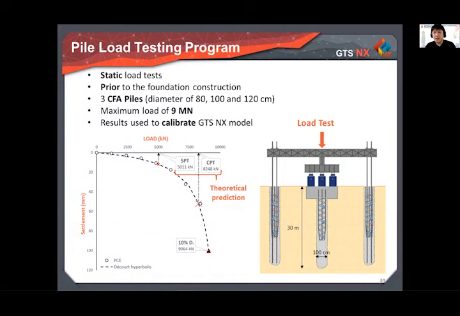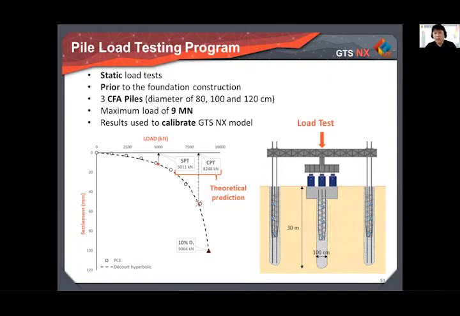The figure on the right shows the test scheme, which is basically composed of the test pile and the reaction piles. The program of pile load testing included 3 continuous flight auger pile tests to a maximum load of close to 9 meganewtons.